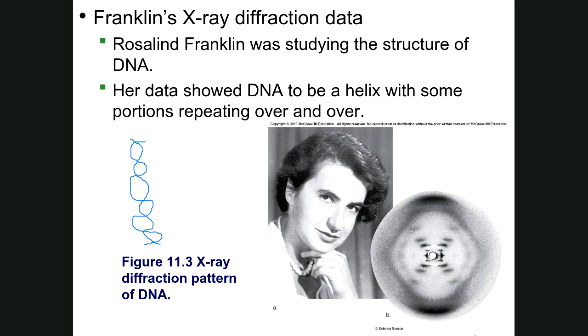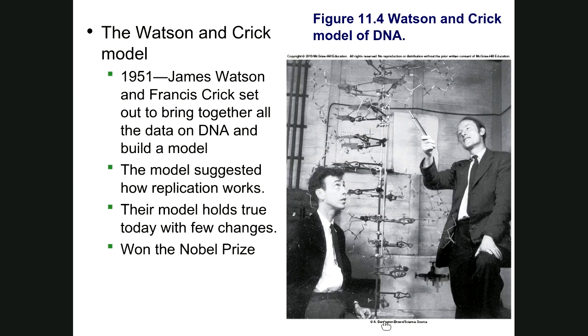Okay, then finally two scientists, James Watson and Francis Crick, gathered all this previous information and finally made the model of DNA. And because of this discovery, they won the Nobel Prize in 1951.